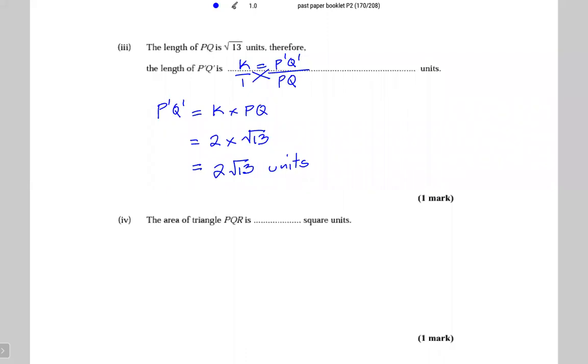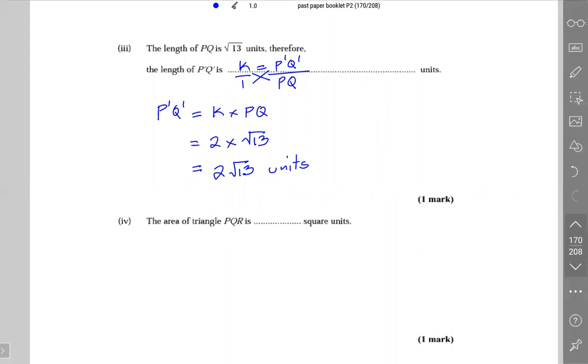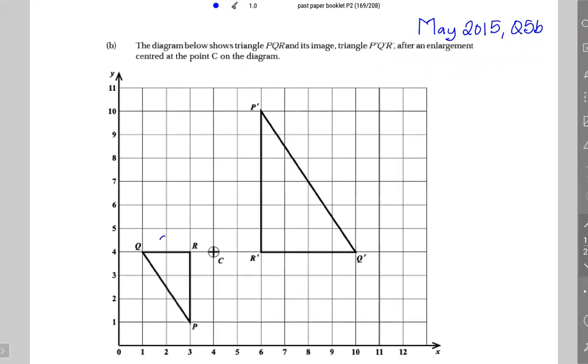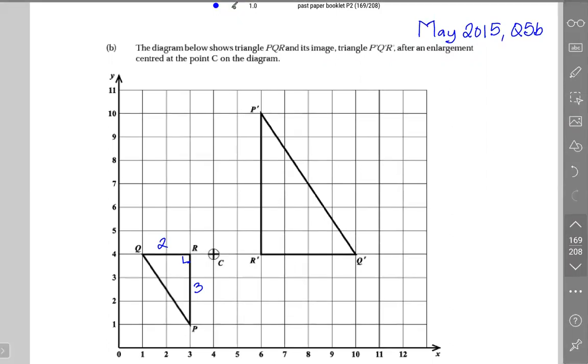All right. Next, we're told that the area of triangle PQR is in square units. We're asked for the area of triangle PQR. Well, let's go back to PQR and have a look at the triangle. This is PQR. This is 2 units, and this is 3 units. It's a right angle triangle. I will just ask to find the area. That's not difficult.